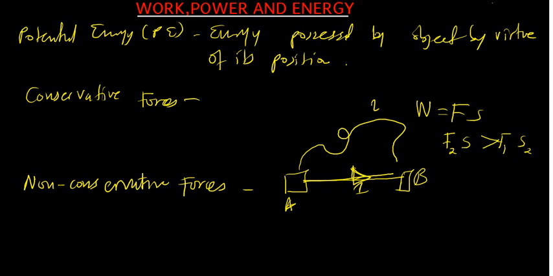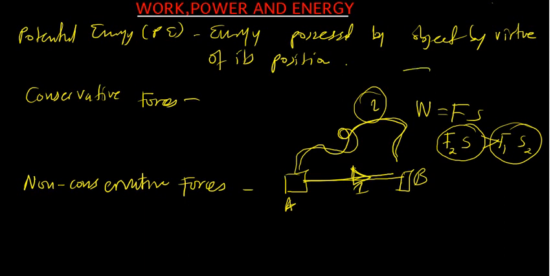So this is telling us that the work done in the second portion is going to be much bigger than the work done in the first portion. The distance is longer here. When the distance is longer, a lot of work is going to be done. Alright, now consider this second path which I've shown here.